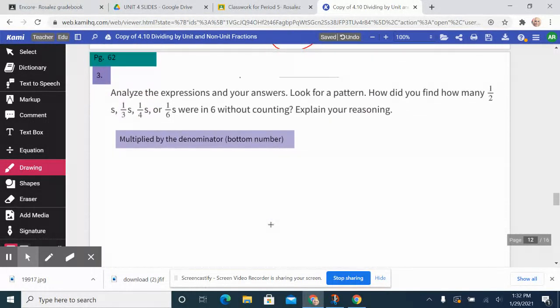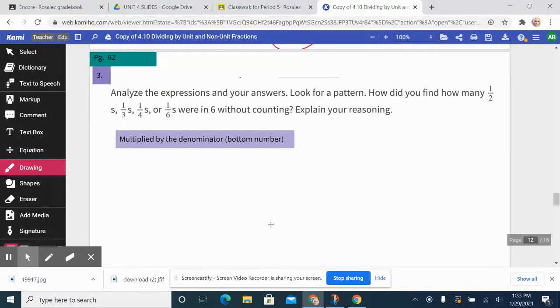So now on page 62, it says, analyze the expression and look at your answers. Look for the pattern. And I've kind of been telling you the pattern. It says, how did you find halves, thirds, fourths, sixths, whatever we just did, without counting?